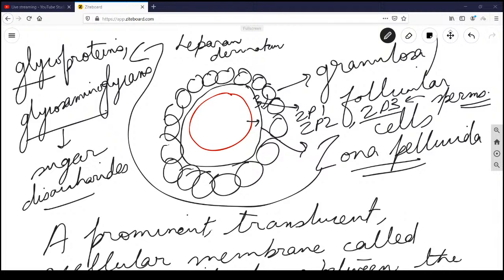Now, secondly, I want to tell you about a specific event. I'll just share my screen and show you a very great diagram, which you will really love.